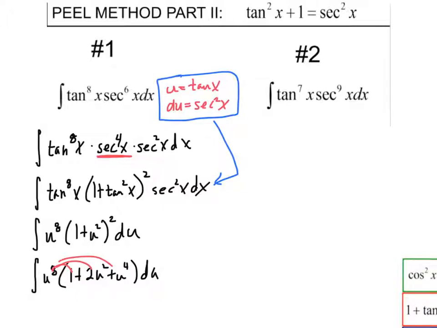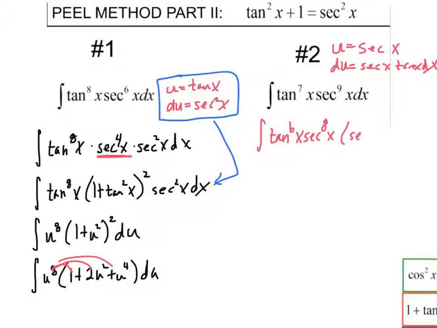Well, now I'm going to use the substitution that u is secant, then du is secant times tangent. Okay, so now I'm going to peel one off of both. I'm going to have tangent to the sixth and secant to the eighth, and I'm going to have a secant tangent dx at the end.